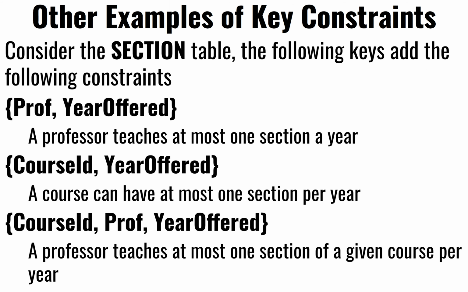For instance, here's a couple of other examples where a professor can't teach a course more than once a year, or that a course can't be offered more than once a year, or the combination of course ID, professor, and year, right? That enforces other business rules. And all these business rules typically come from having done a use case analysis, having met with a client and written down all these requirements, and identifying what can be enforced at the database level.